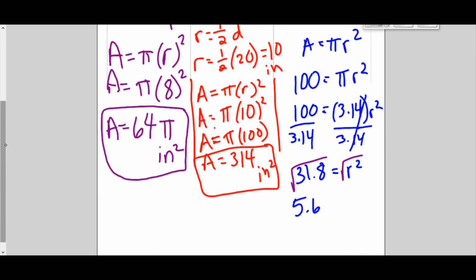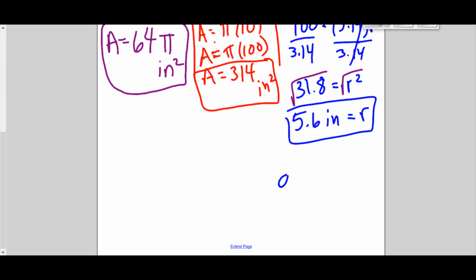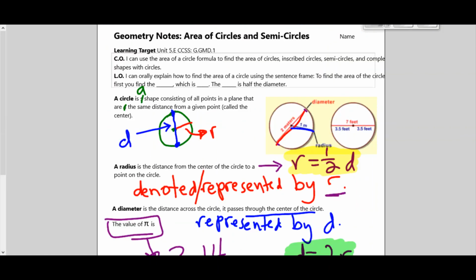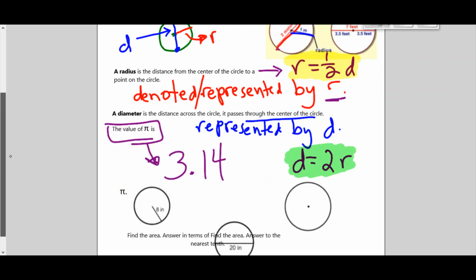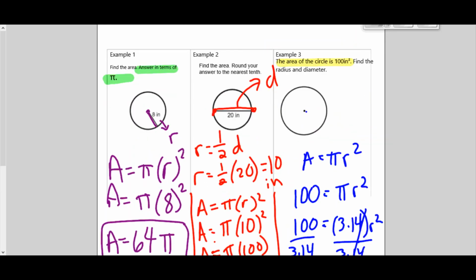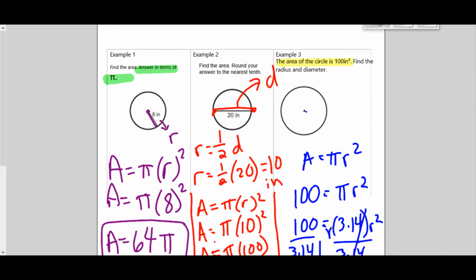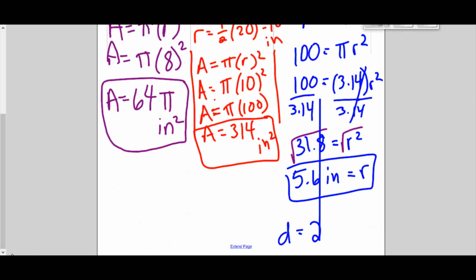inches is the r. And they asked us also to find the diameter. So this is the radius. Now we need to find the diameter. So remember the diameter formula is 2 times the radius. So I'm just going to put that formula right here, D equals 2r.